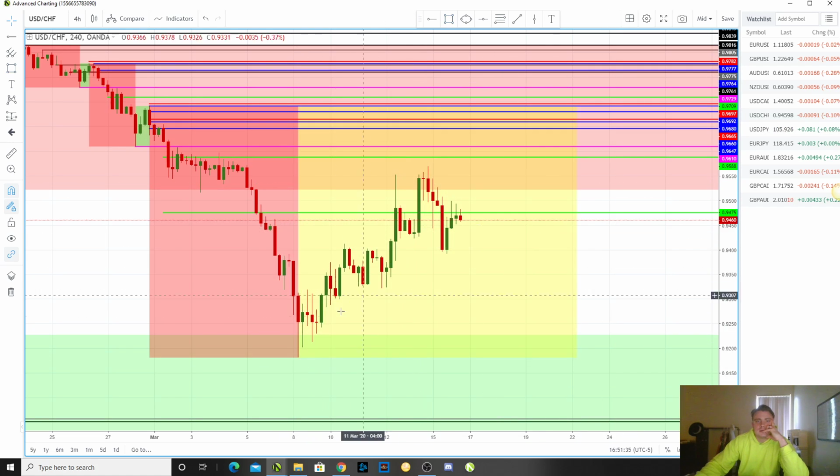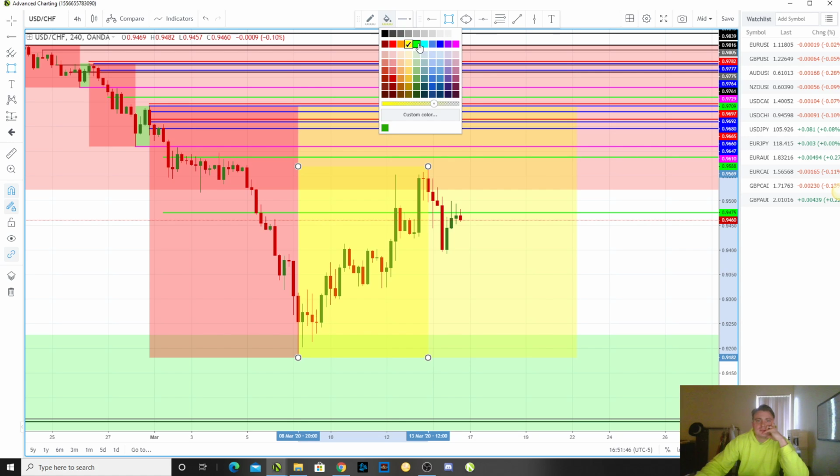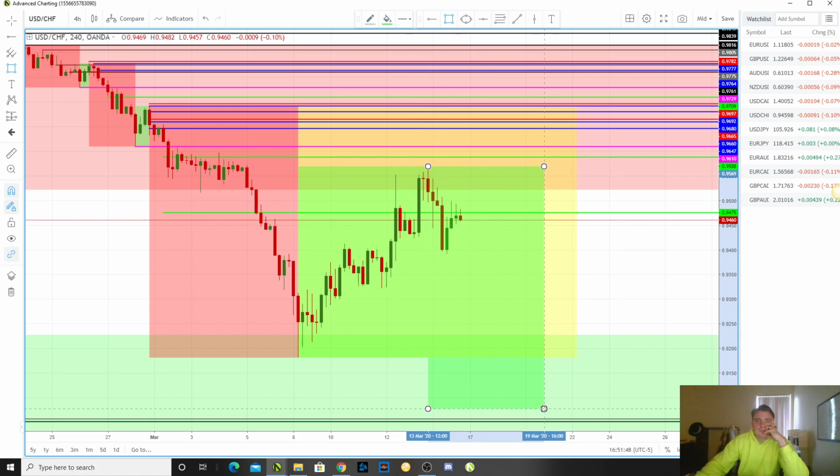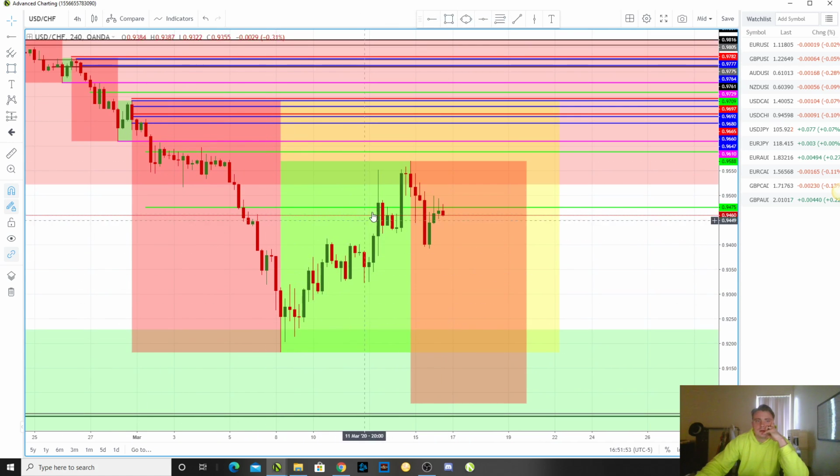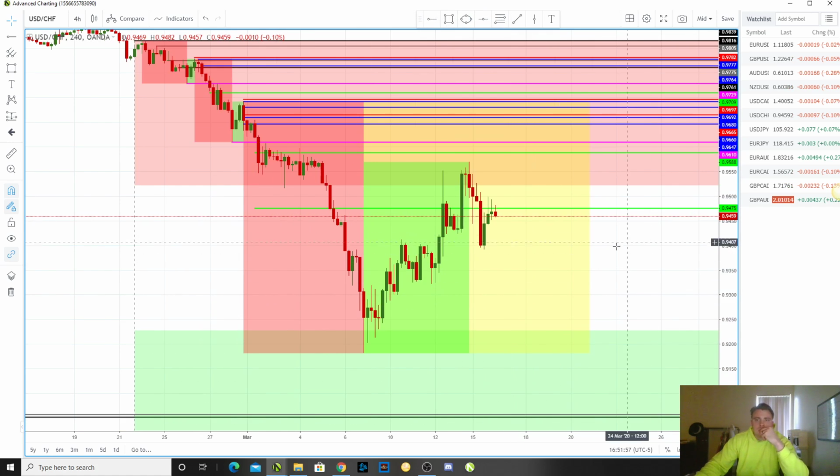I'm not going to draw all these little areas here because once it decides to break through the bottom or through the top, it's all just going to be one box. So if it went like this, it would just all be one box, because this is the impulse move. This would all be corrective, and then this would be the next impulse move. So that's kind of the logic on that.